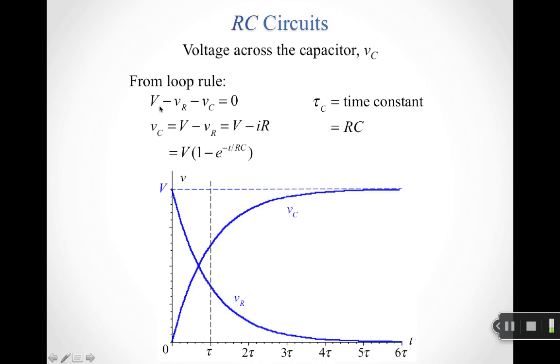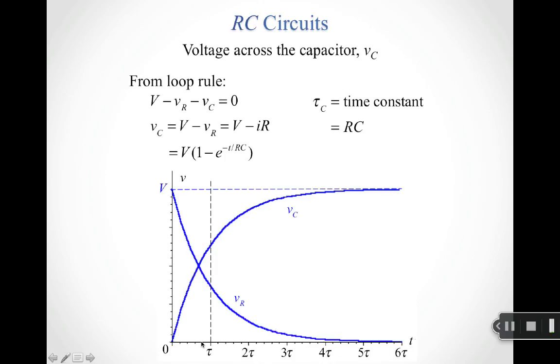So I can also think about the voltage across my capacitor. And again, from my loop rule, I know that the voltage across the battery has got to be basically canceled out by the voltage drop across the resistor and capacitor. So I can solve my loop rule for the voltage across the capacitor. And what I get is basically I can factor out V, and I'm left with this expression. So notice the voltage of the resistor, that's this curve that we were looking at before.